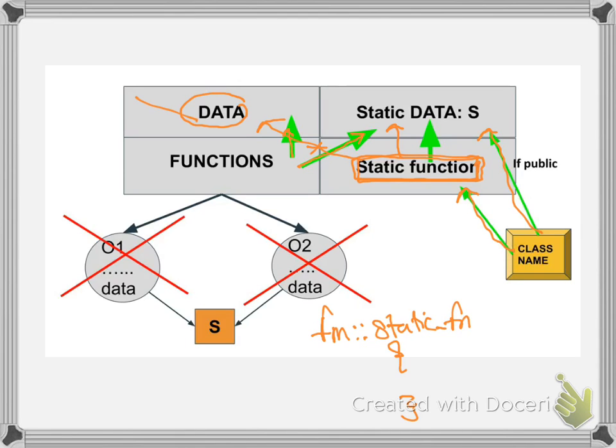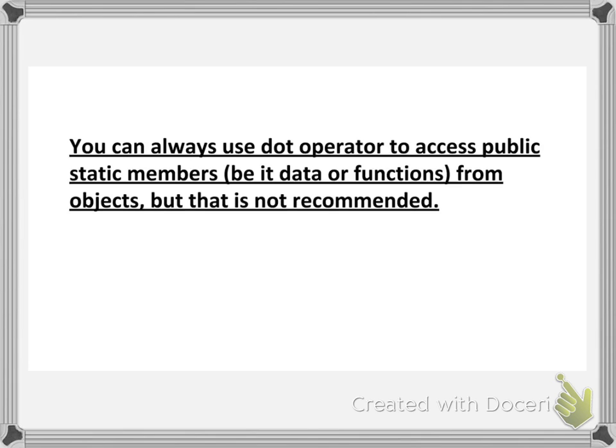So this data corresponds to your object. How can a static function go on and change the value of this data? That shouldn't be allowed, because it might be the case that while the static function is trying to do so, no such data exists because I do not have any object. So we'll soon try to do it with a piece of code.